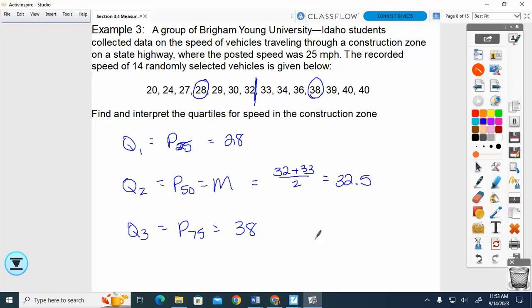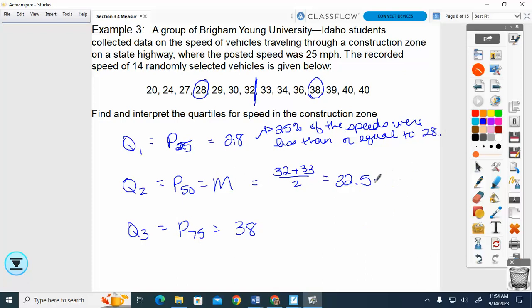Okay with that? So to interpret this, 28, that's the first quartile. So this means 25% of the speeds were less than or equal to 28.